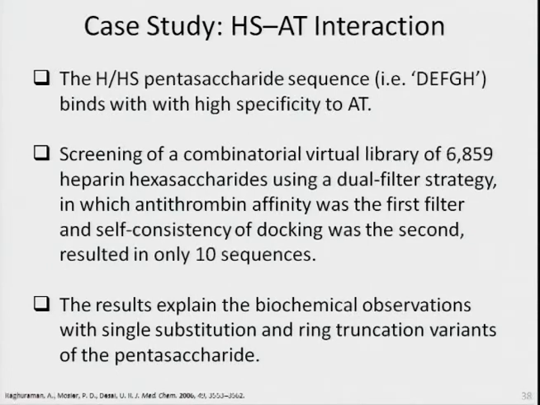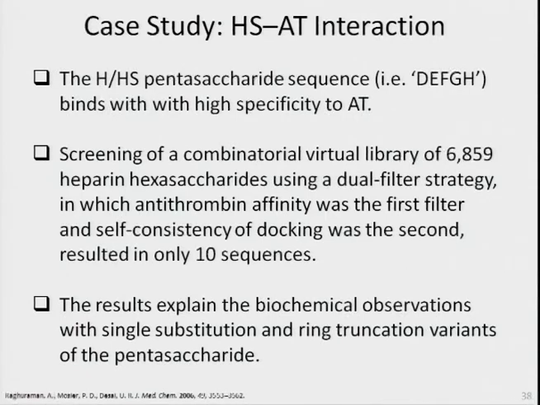Okay, so a little bit of background. As I mentioned before, the pentasaccharide sequence of heparan sulfate, that is the DEFGH sequence, binds to antithrombin with high specificity. So we generated a library of nearly 7,000 hexasaccharide sequences that included DEFGH and also similar highly sulfated molecules.